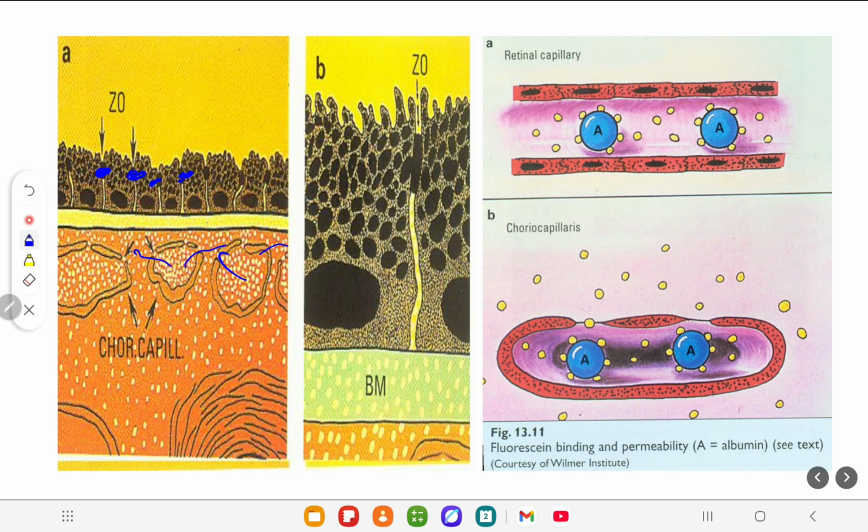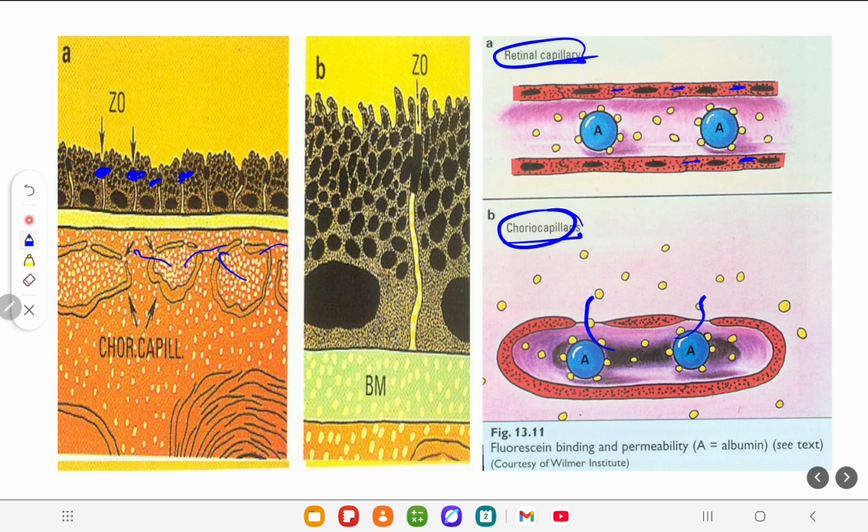blood retinal barrier. At the same time, this is the choriocapillaris, this is a retinal capillary. In the choriocapillaris there is a fenestration, you can see there. Through that fenestration, free fluorescein exits from the blood vessels. But in retinal capillaries, the endothelial cells are tightly packed, with tight adhesion to each other.